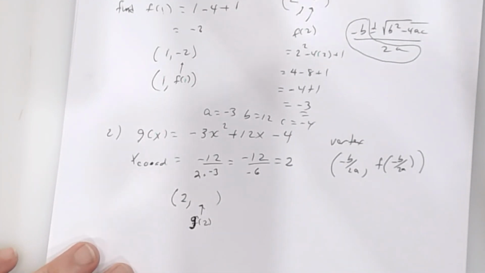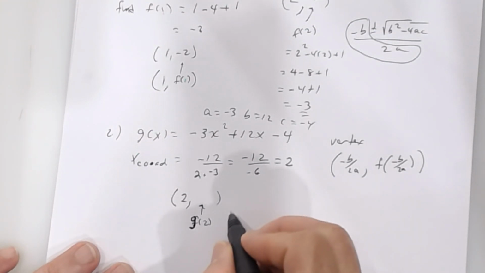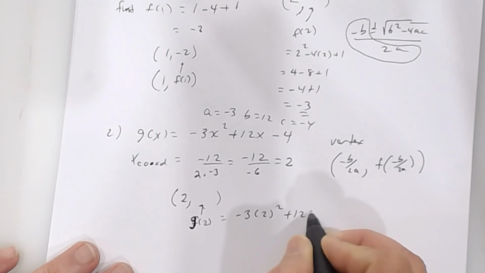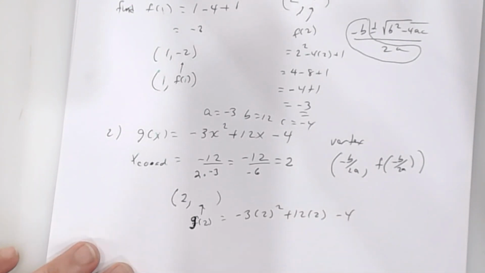So I find g of 2. I'm going to get negative 3 times 2 squared plus 12 times 2 minus 4. 8. To get positive 8, make sure that's what you got.